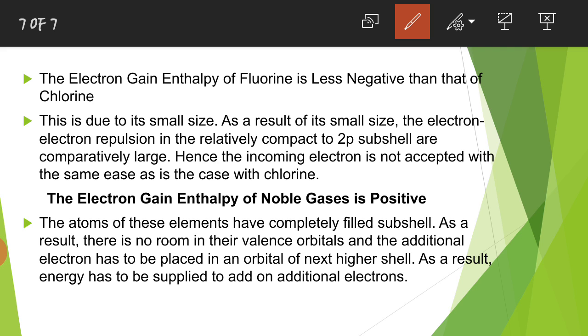As a result of its small size, the electron repulsions in the relatively compact 2p subshell are comparatively large. Hence, the incoming electron is not accepted with the same ease as is the case with chlorine.